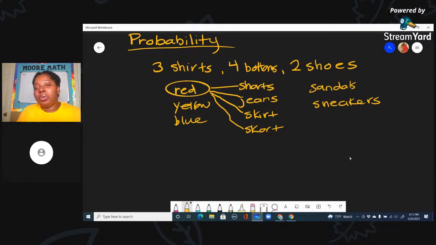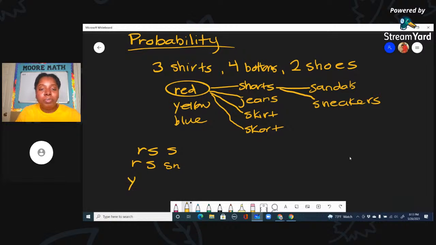I could have the red shirt, shorts, and sandals, or red shirt, shorts, and sneakers, right? Here I'm making a tree diagram, but it's similar. So you could say red, shorts, sandals, red, shorts, and I'll put SN for sneakers, right?